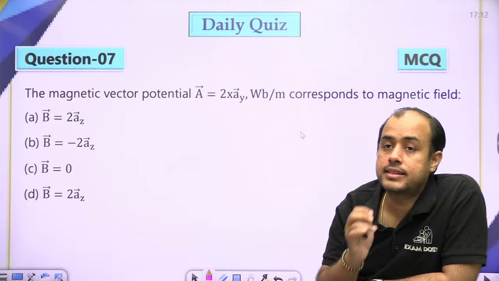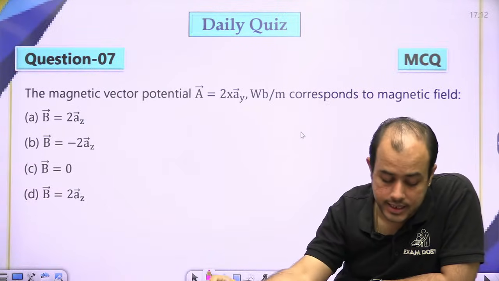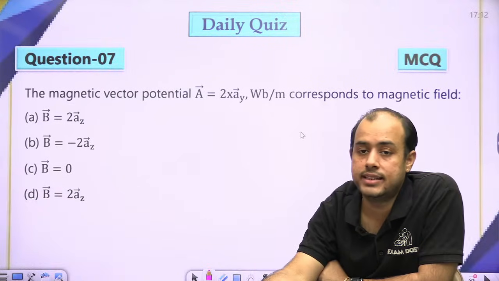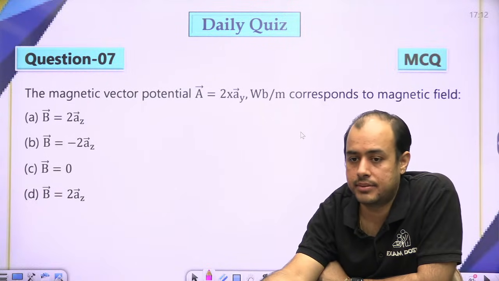Vector potential is given. What is the magnetic field? Basically, B it is asking, that is the flux density.